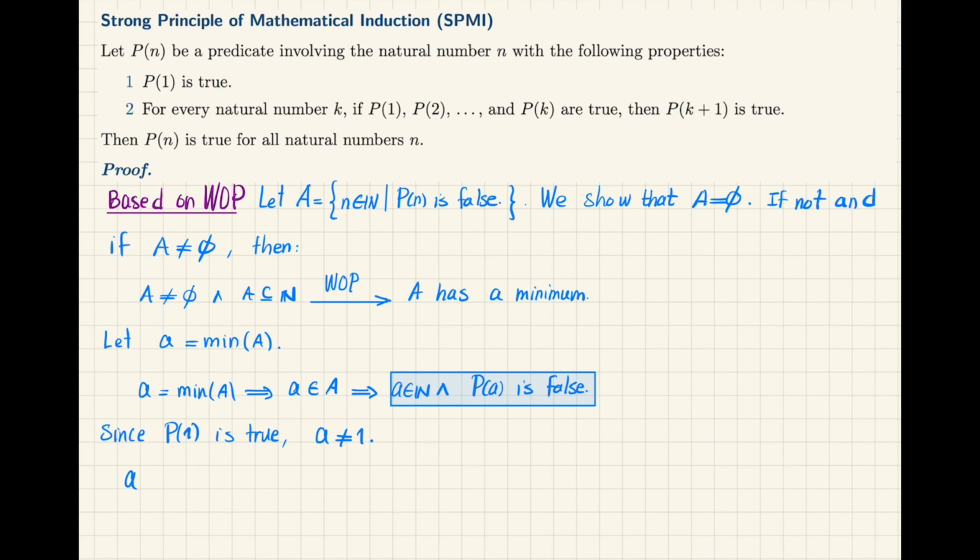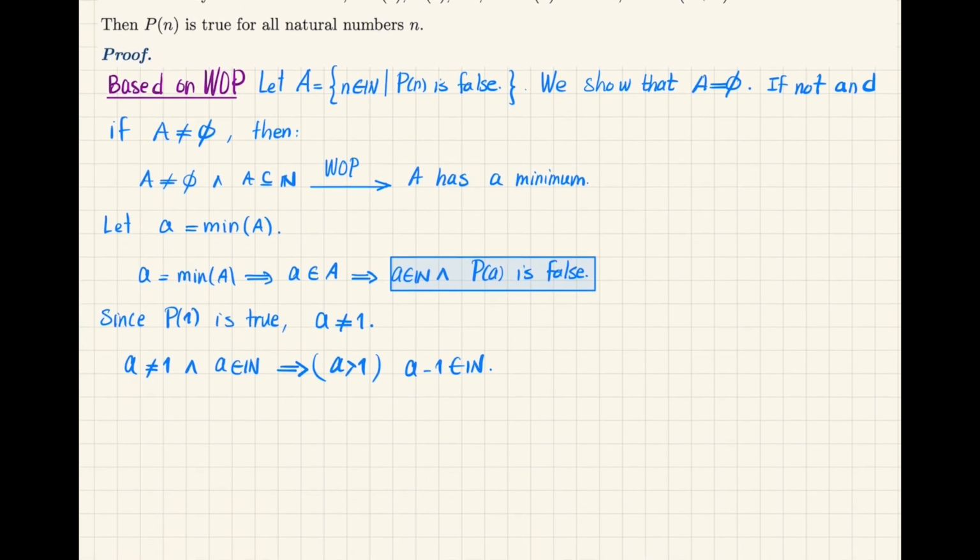Now you are saying that a is not equal to 1, and you also know that a is a natural number, so this means that a is greater than 1, or in other words, you can say that a minus 1 belongs to the set of natural numbers.